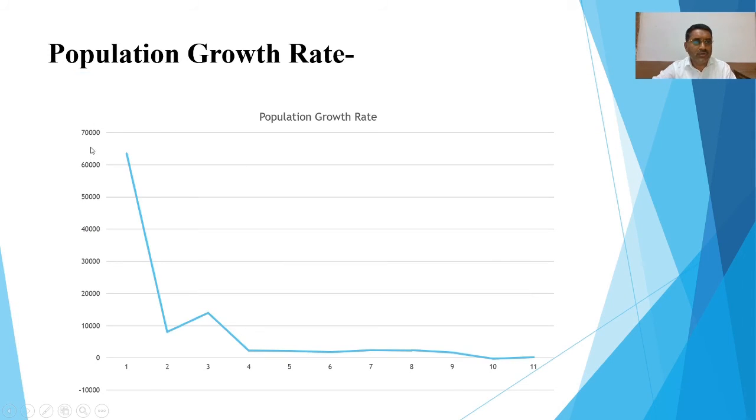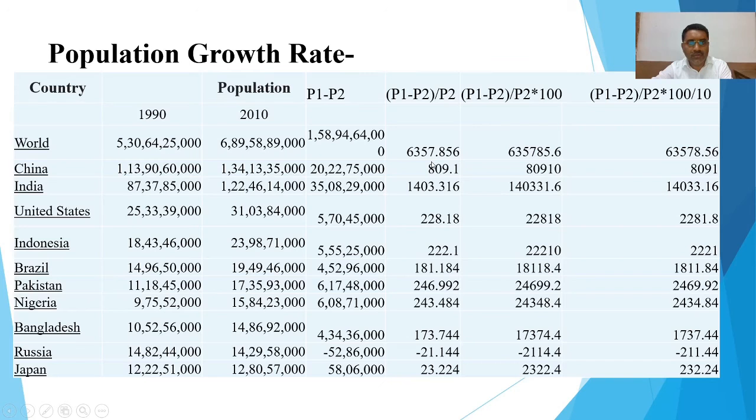I put the values considering the lowest value as well as the highest value. Whenever I have to put all these values in the graph, I have to consider the lowest value as well as the highest value, so that I can show all the figures.